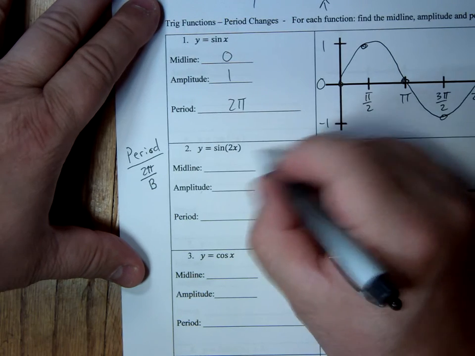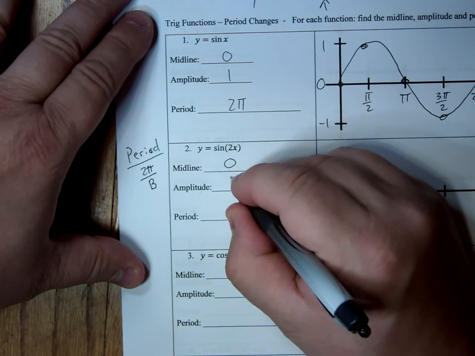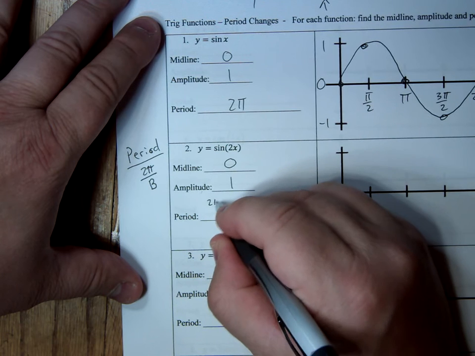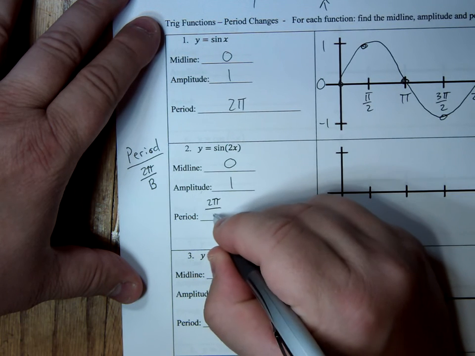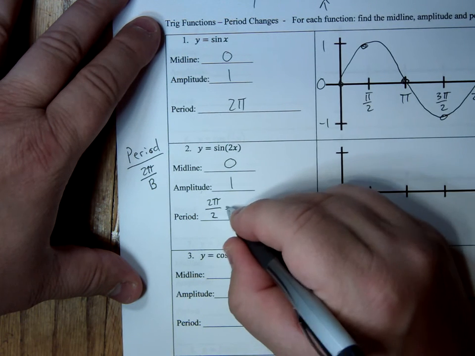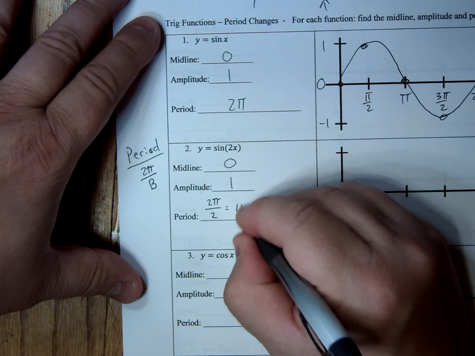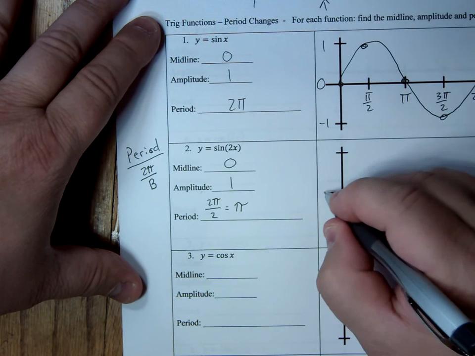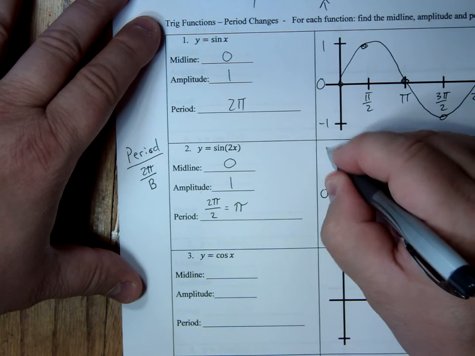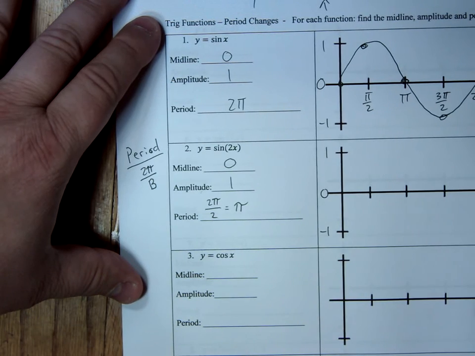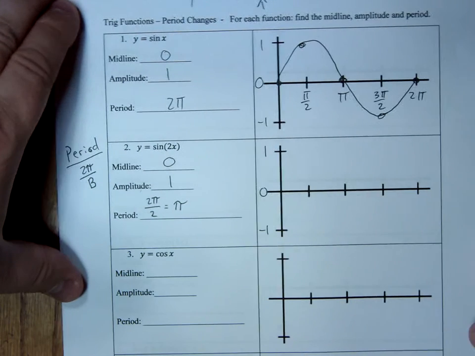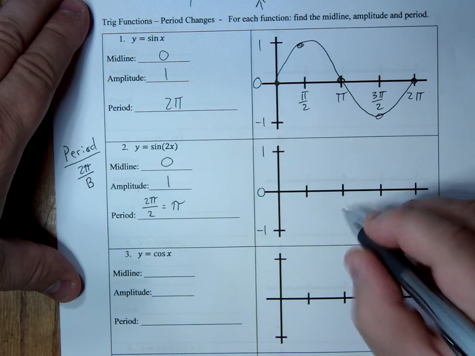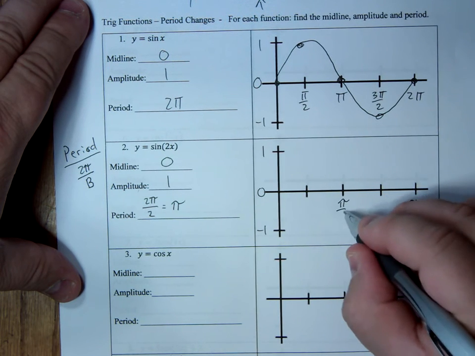Of course your midline is 0, your amplitude is 1, but now your period is going to be 2 pi divided by 2, or this has a period of pi, if those cancel out. So you'd be 0, 1, negative 1, but now at the end is pi. Half of pi is pi over 2.